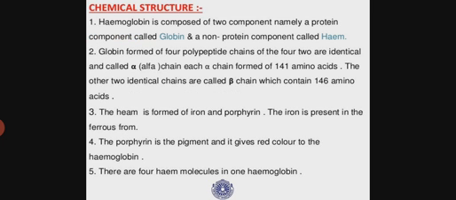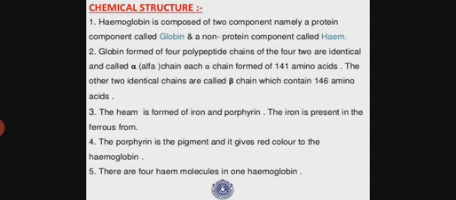Coming to chemical structure, hemoglobin is a conjugated protein which is composed of two components, namely a protein component known as globin, and a non-protein component called heme. And the globin is formed of 4 polypeptide chains.